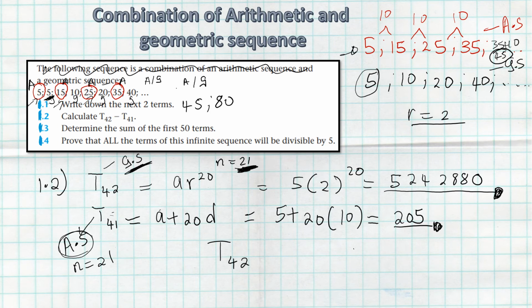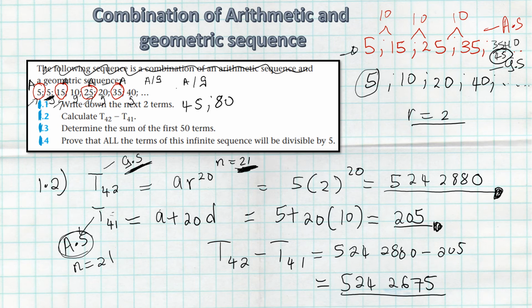They say calculate term 42 minus term 41. It's going to be 5242880 minus 205, and it gives me 5242675. So that's the difference of term 42 minus term 41.